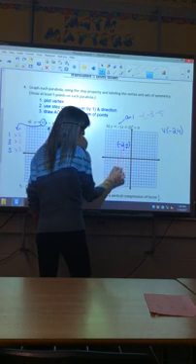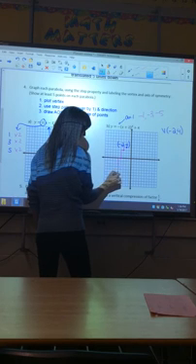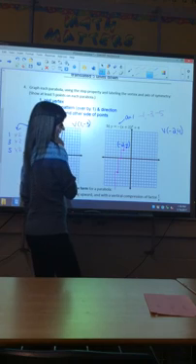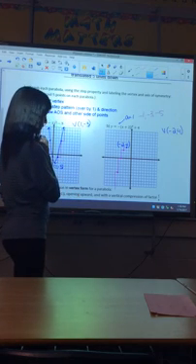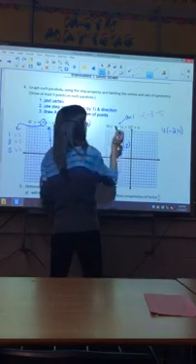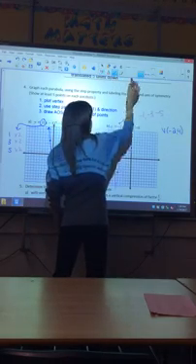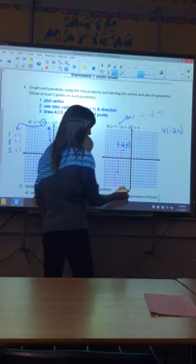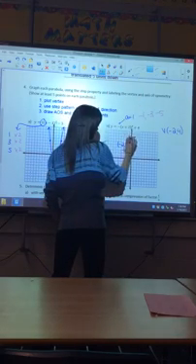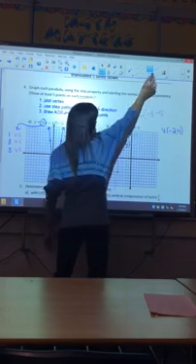Over 1, down 5. Over 1, down 7. 7 would be off the graph, so I'm not going to worry. No, 7 fits on the last line of your graph. Oh, my graph's different. That's okay. So axis of symmetry, down the middle. Its equation is x equals -2, and I'm copying my points to the other side.